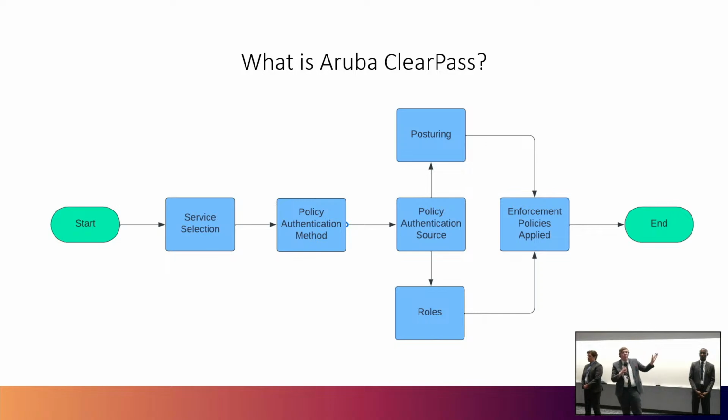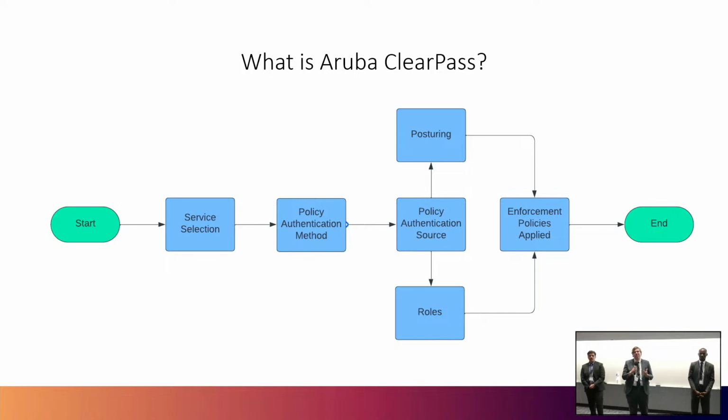So this super simple flowchart kind of shows you the process that happens when you connect to the network at any port, which is the beauty of ClearPass. First it will select a service based on criteria, like IETF policies or Cisco attributes, like any vendor really.